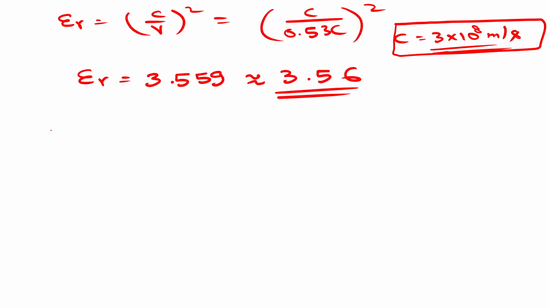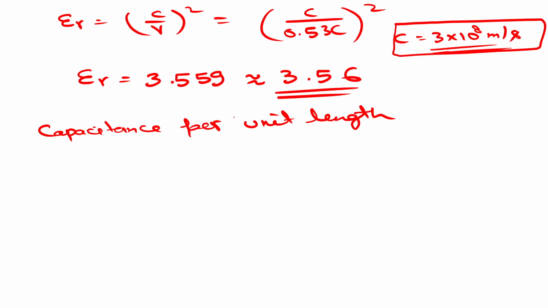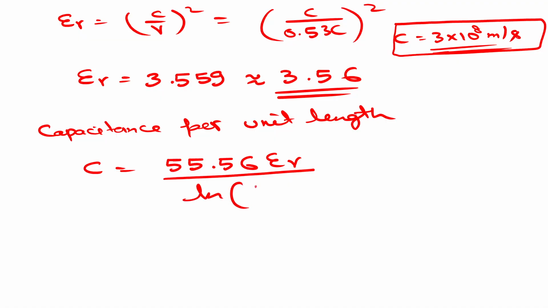Now we can easily calculate the capacitance per unit length, C, which is 55.56 epsilon r divided by ln of RS by RW.